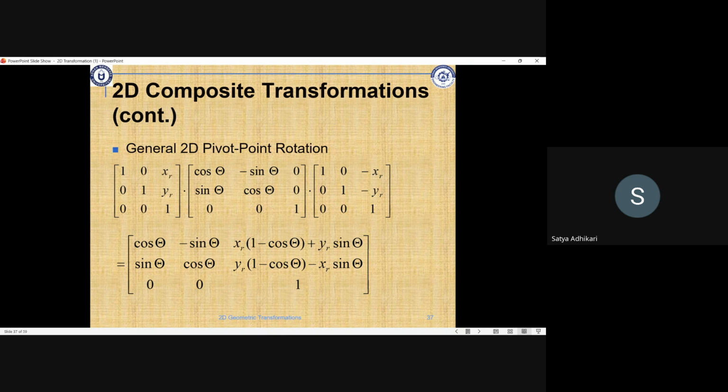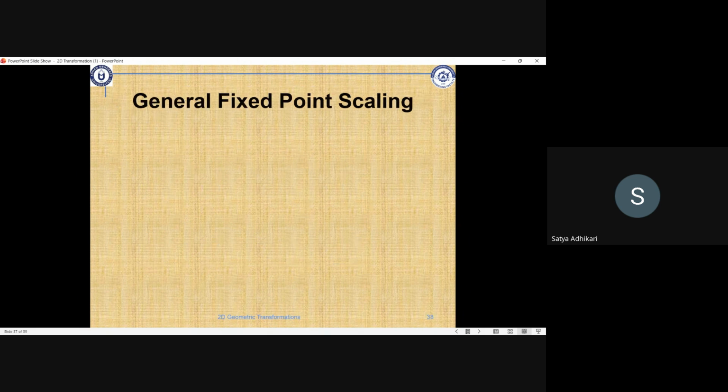That is, if A and B are two matrices, AB may not equal BA. So a homogeneous matrix is needed for that.